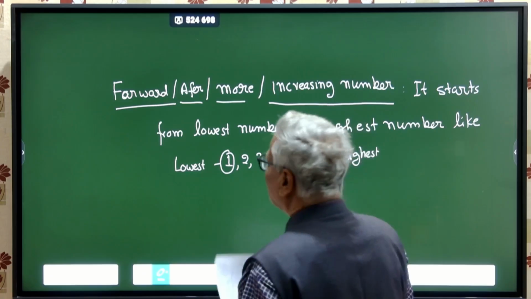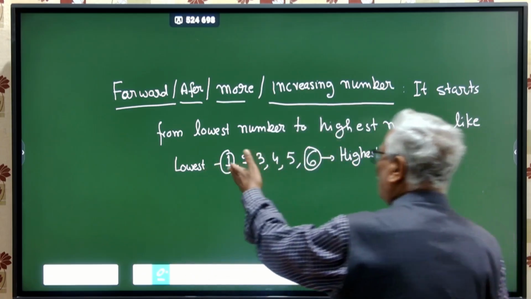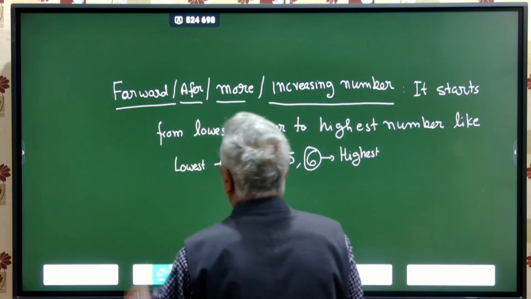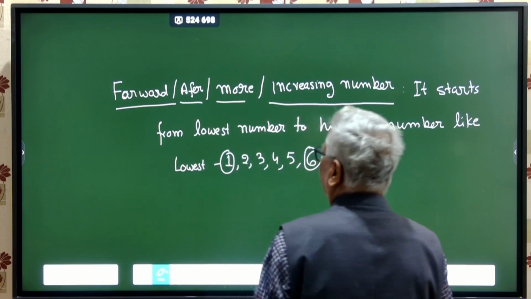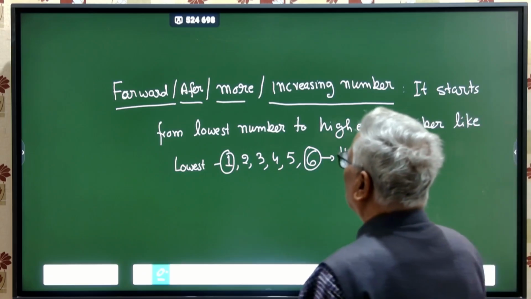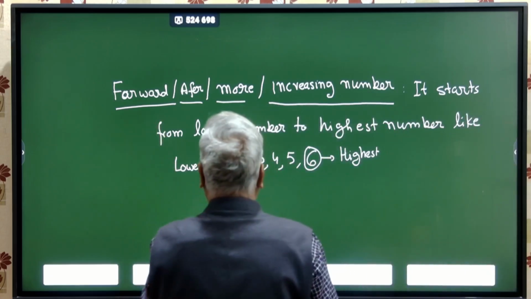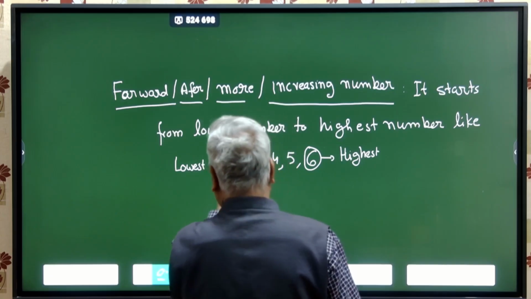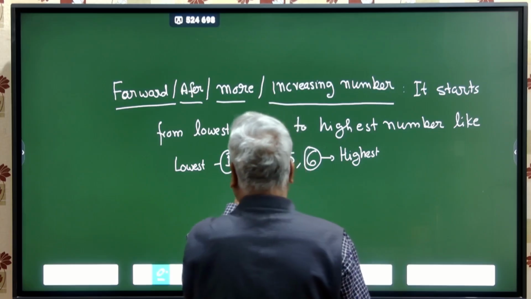Now, the question comes, in this lowest and highest number, how can you define forward, after, more? In this sequence, forward means 2 is forward to 1, 2 is after 1, 3 is after 2, 4 is after 3.